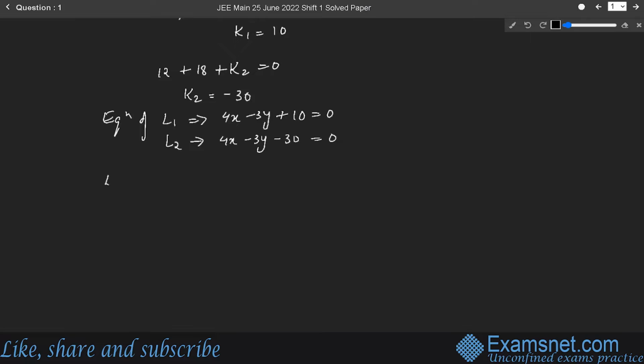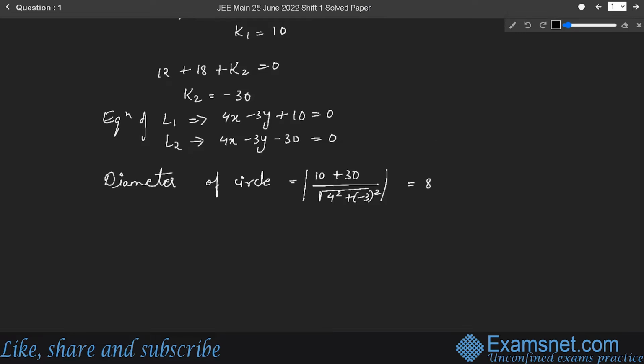Now, diameter of circle will be equal to mod of (10 plus 30) divided by square root of (4 square plus (minus 3) square). So it will be equal to 8.